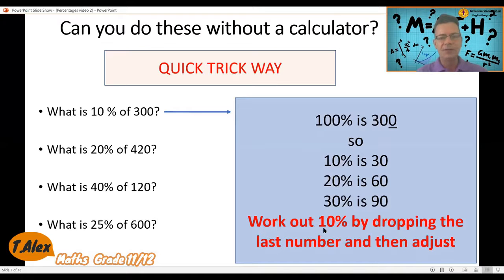So we work out 10% by dropping the last number, and then we can adjust. Now that I know 10%, I can easily find out 20% by multiplying 30 by 2. If I want to know 30%, 30% is 3 times more than 10%, so 30 times 3, 90.